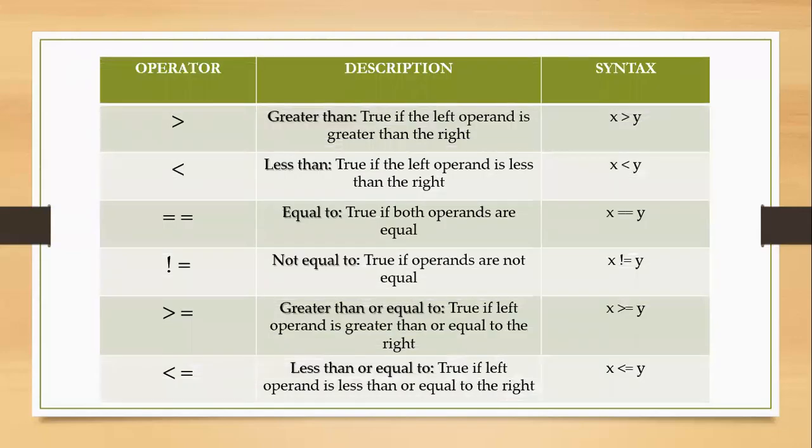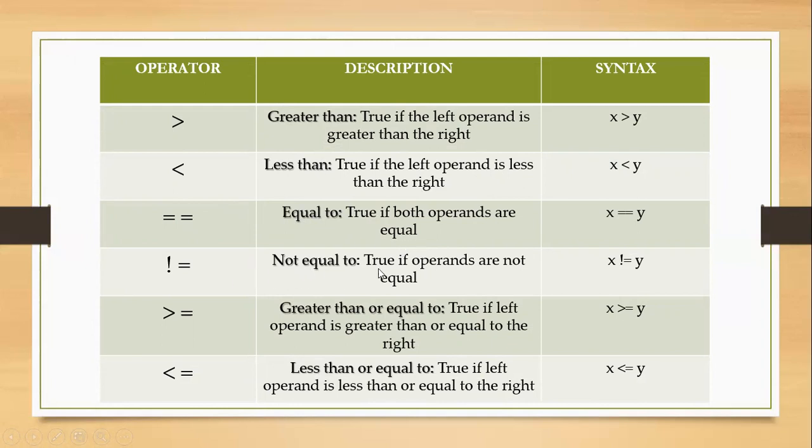Types of comparison operators. Greater than operator: true if the left operand is greater than right. Less than operator: true if the left operand is less than the right. Equal to operator: true if both operands are equal.